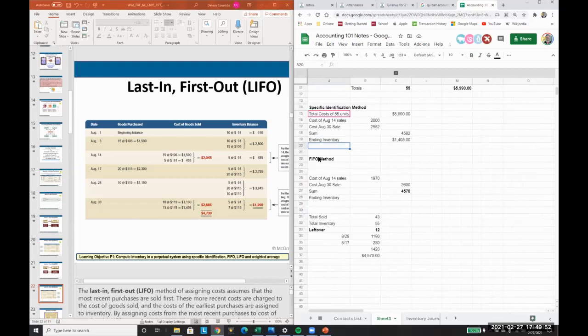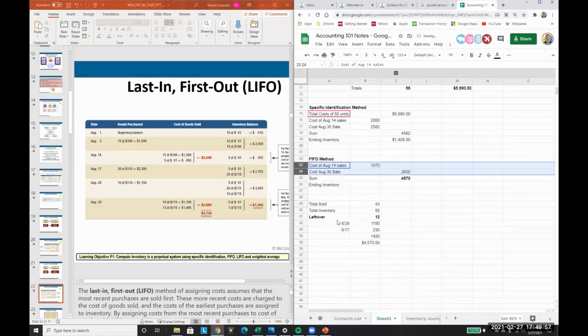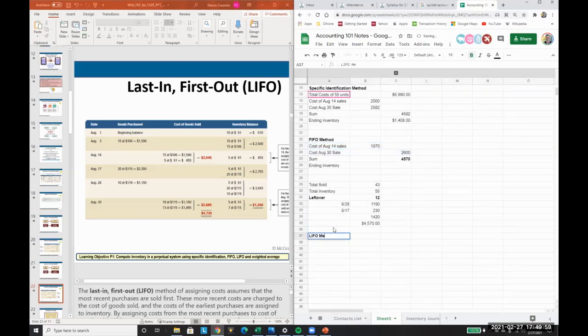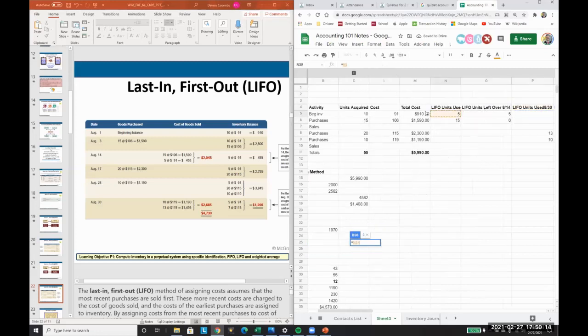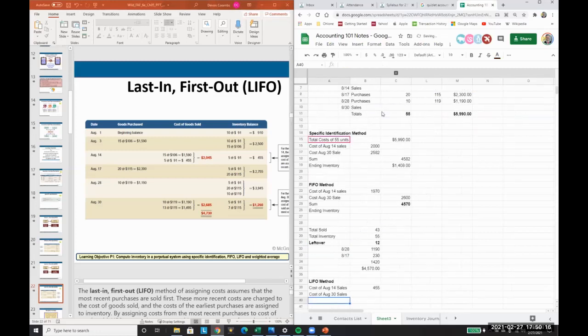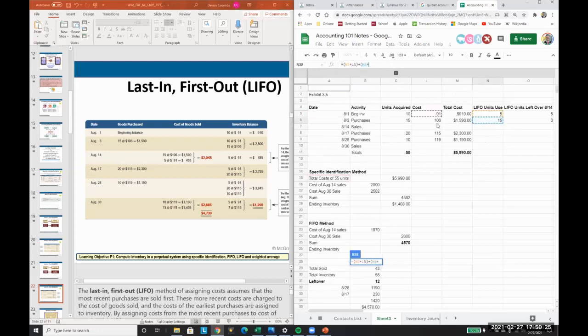So we'll go LIFO method here. Delete rows 23 to 24, LIFO method. We'll figure out cost of August 14th sales, cost of August 30th sales, and it'll be those totals, taking the amount used times the cost per unit, right, plus the amount used times the cost per unit.